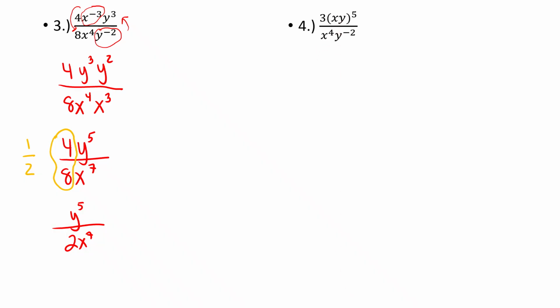So I'm going to start off with dealing with that exponent there. The 3 is just hanging out, and of course, we've got that multiplication of the exponent through. So that'll be x to the 5th, y to the 5th. And for the moment, I'm going to leave that alone.